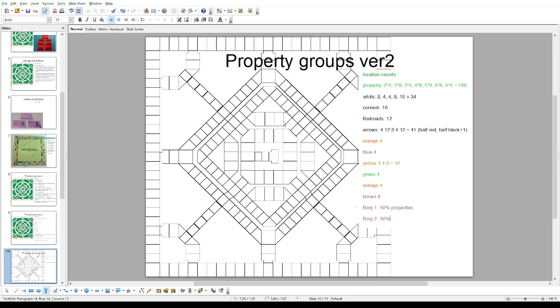So 2 of these will be something else, like the things that are referred to as orange spaces, which are where you draw the cards related to the stock market. The orange spaces will be one each in each of the 8 subrings, including the outer ones as well as the inner subrings. So there will be one other kind of special space in each of these. I haven't decided what those are going to be yet.